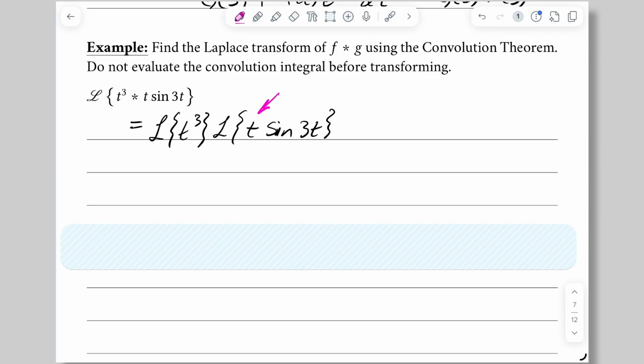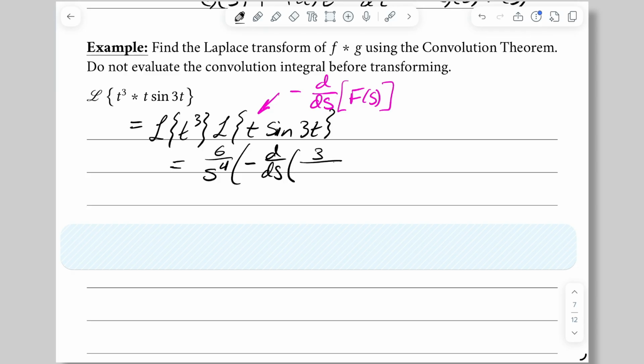Now remember that t in there is going to be the negative derivative with respect to s of F of s. So this is going to give us 6 over s to the 4th power for the transform of t cubed, times the negative derivative with respect to s of the transform of the sine of 3t, that transform being 3 over s squared plus 9.